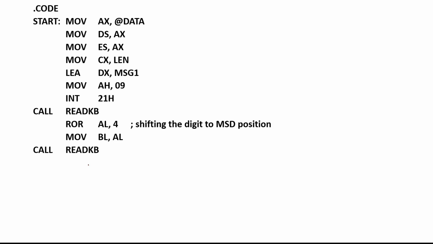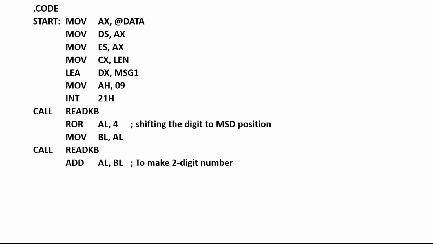Let us assume I entered from the keyboard 4, and that 4 in memory will be stored as 34. I am going to convert it into its hexadecimal value. After conversion, AL will contain 04. Now how do I get the data 54?